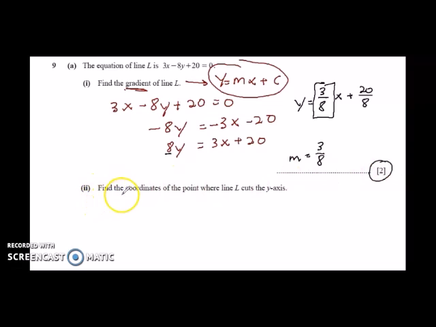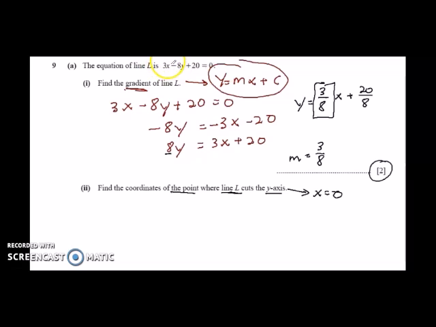The second part here is to find the coordinates of the point where line L cuts the x-axis. If it cuts the x-axis, your y will be 0.